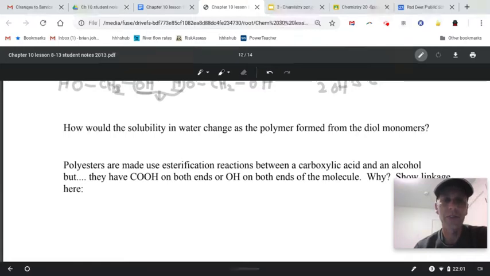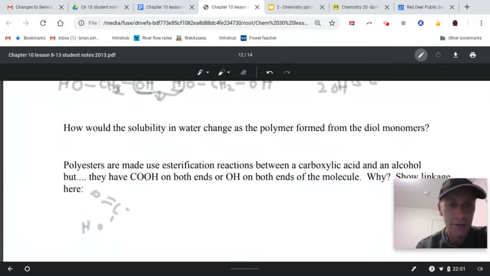Polyesters are made using esterification reactions with a carboxylic acid and an alcohol. But they have a C double bond OH on both ends or OH on both ends of the molecule. So here's an example of a polyester reaction, C double bond O, OH.